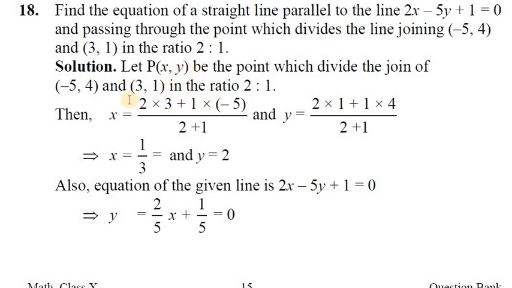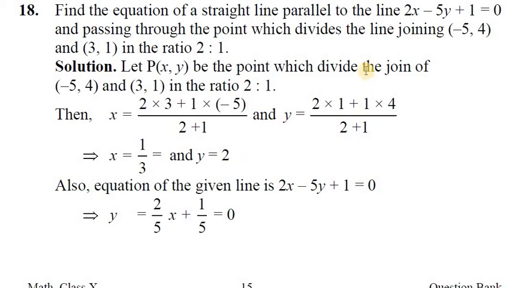Using the section formula, we get x is equal to 1 by 3, y is equal to 2. So using the section formula, we have got the coordinates of the point of internal division.